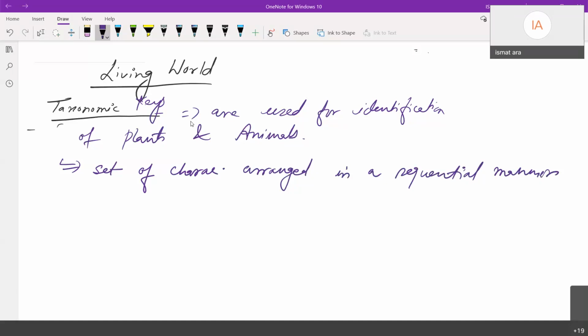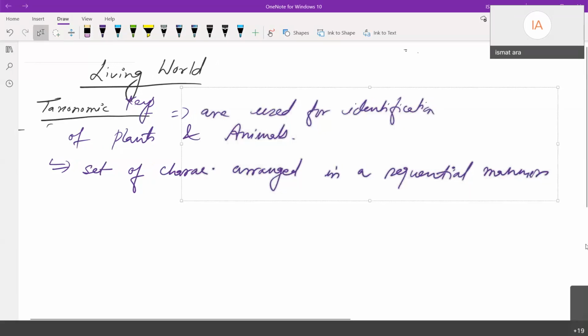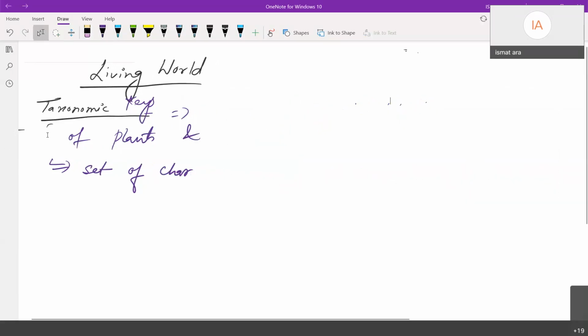Now, by giving an example, I'm making you understand these taxonomic keys. I'll give you some examples, and then taxonomic keys will be clear to you. See the examples.